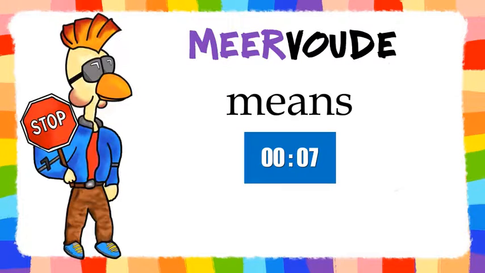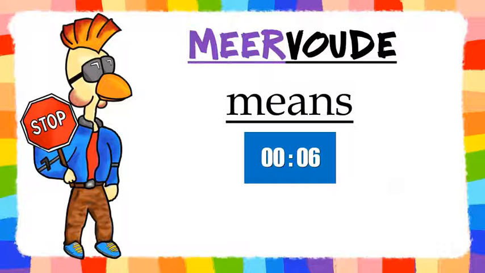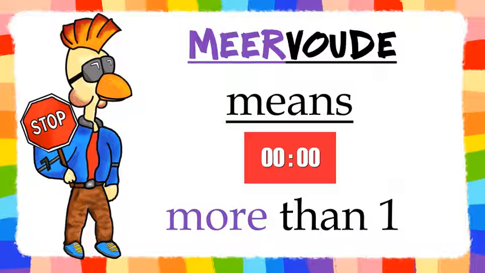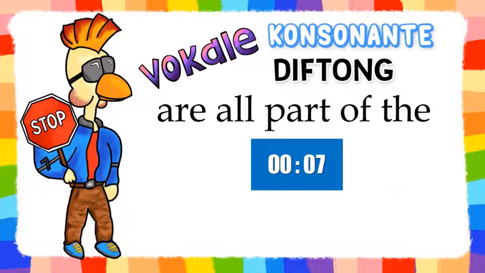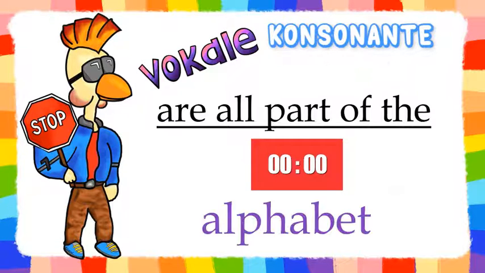Let's stop for a moment and recap. Please finish the sentence for me. Meervoude means more than one. Vokale, consonante, and the diphthong are all part of the alphabet.